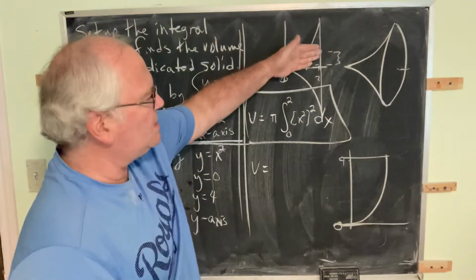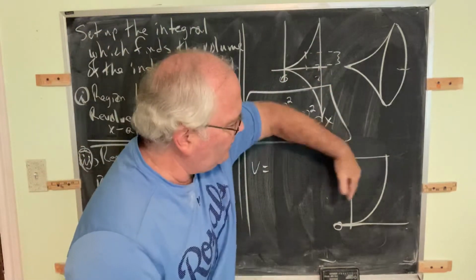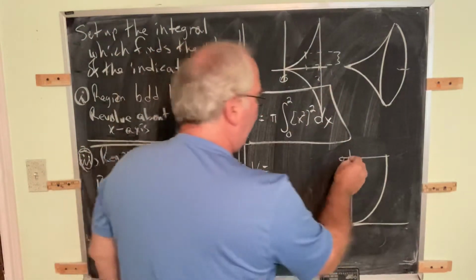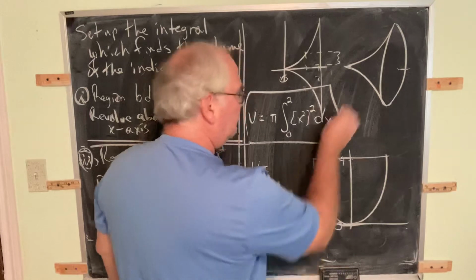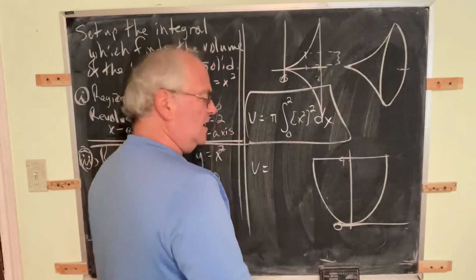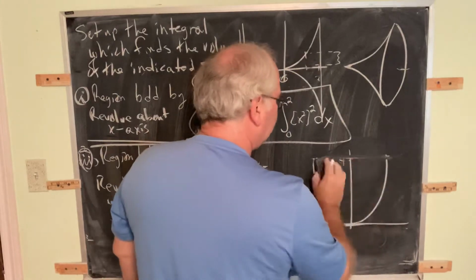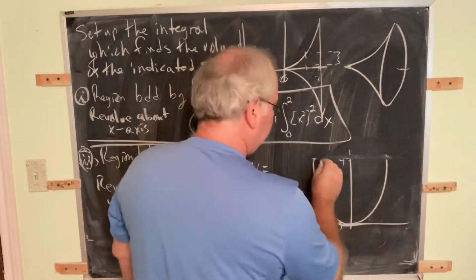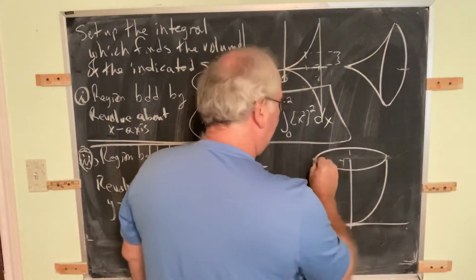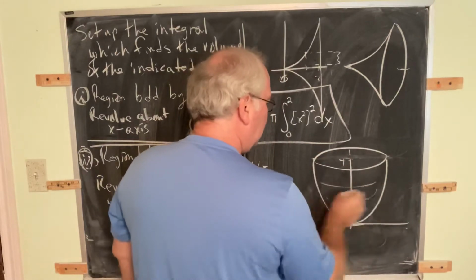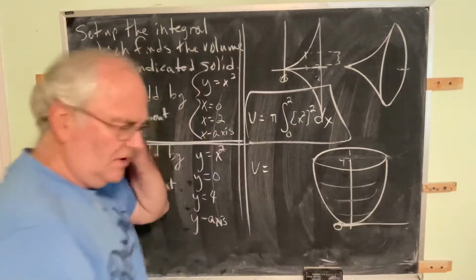Here we revolved this about the x. Now we're revolving about the y-axis. And if we do that, we don't generate this little top that Leonardo DiCaprio had in the movie. Now we generate, it's almost like a bullet shape. Bullets actually are parabolic shapes. So it's this paraboloid we have here.